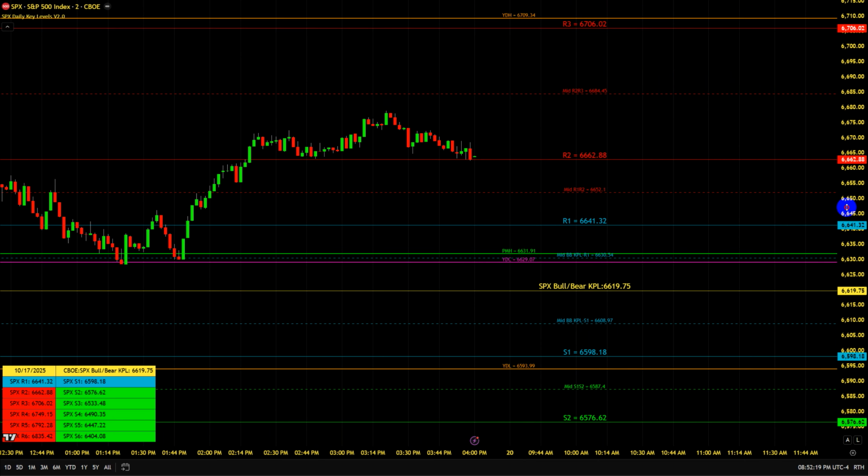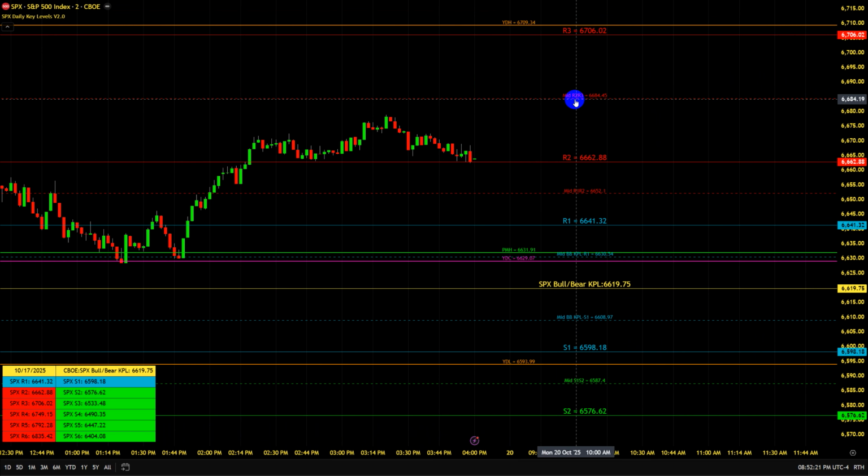Your first out of the money option play would be to look to the midpoint above on a bullish play, 6684.45. So your first out of the money option here is going to be the 6685 call. Your furthest out is going to be one level above, and that is going to be the R3 level, 6706.02. So that would be the 6705 call.